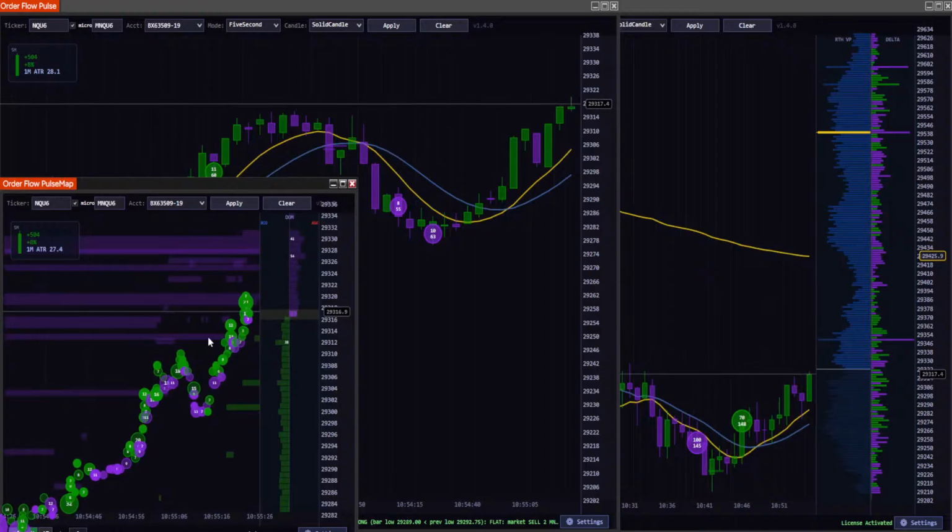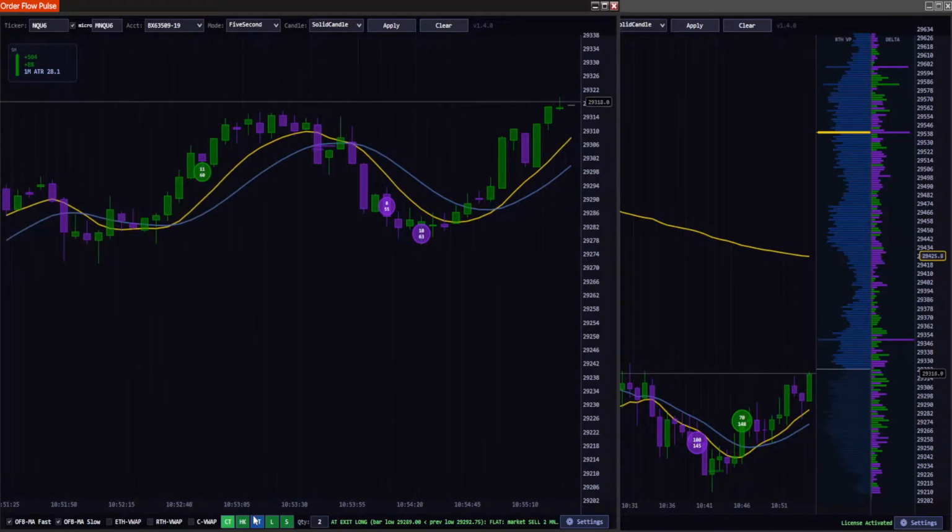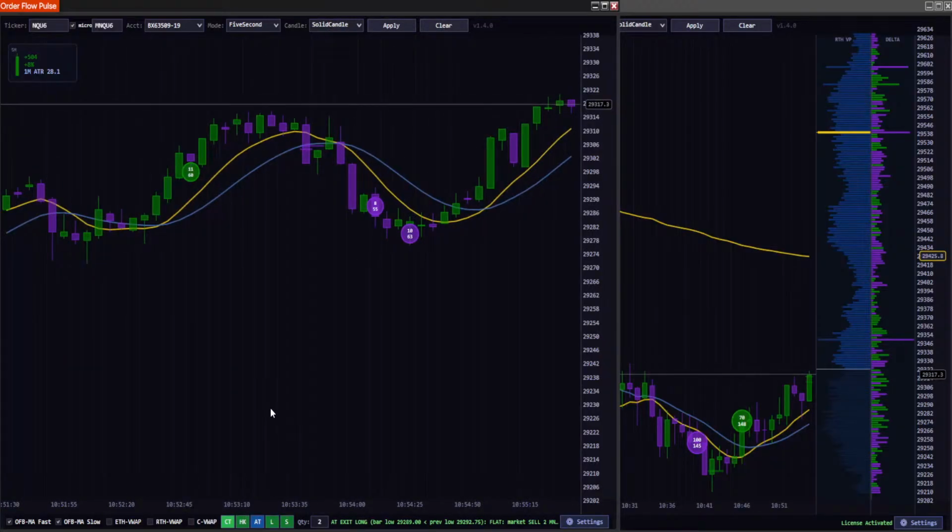I got the Auto Trader running. I don't know what it's going to do, but as you can see, the Auto Trader is running long and short. You don't have the Auto Trader because I'm still testing it.